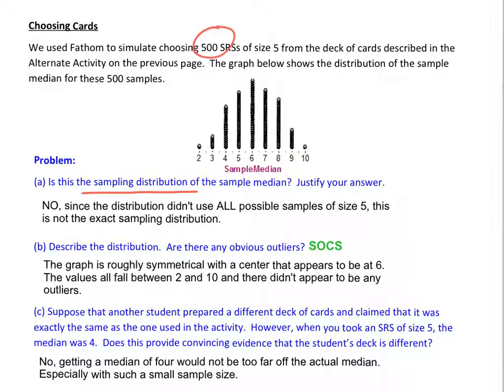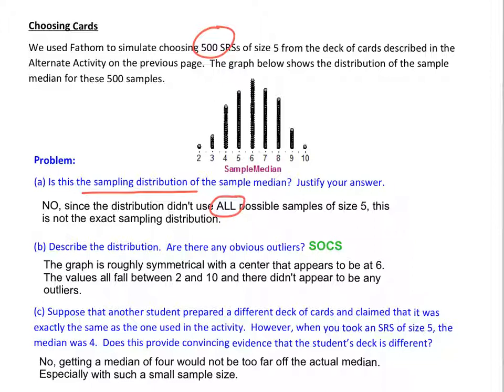The actual sampling distribution has every possible sample of size 5. Usually when we have the actual sampling distribution, there's not a number associated with it because it's a crazy, crazy big number to think of factoring in every single sample.